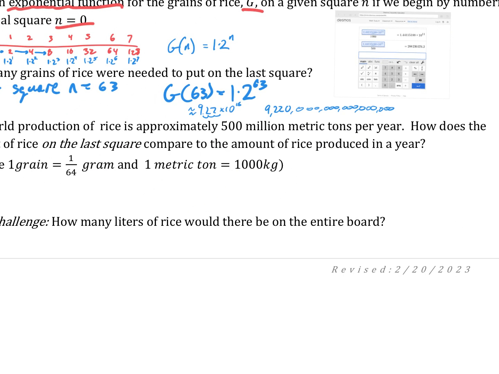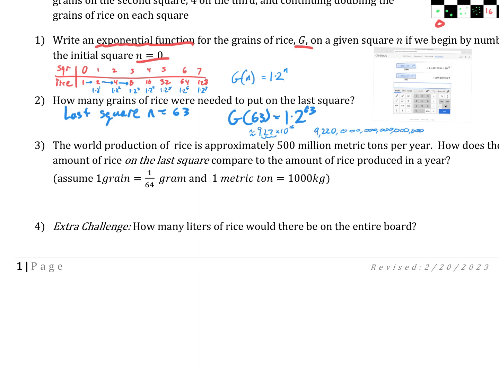All right. So if the king were to fulfill that, it would take 288 million years. Now, by the way, that is just to fill the last square.